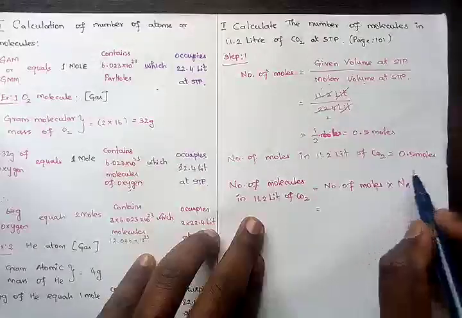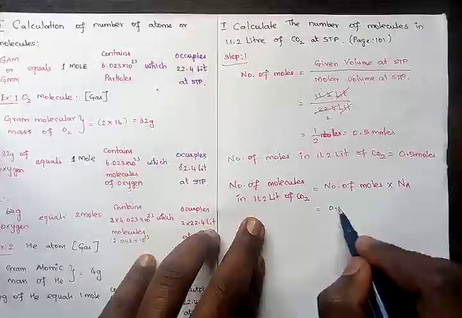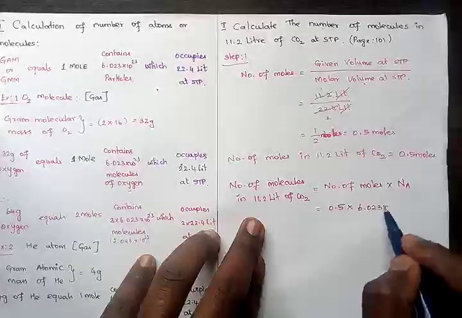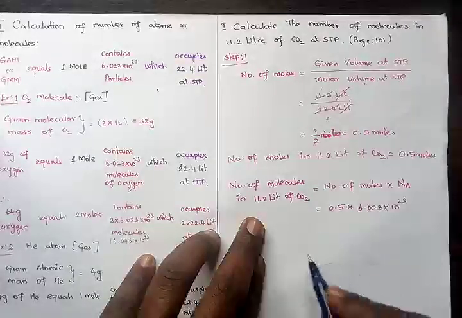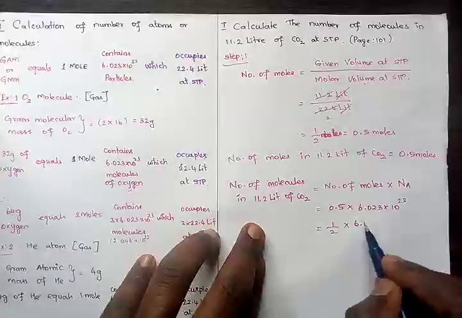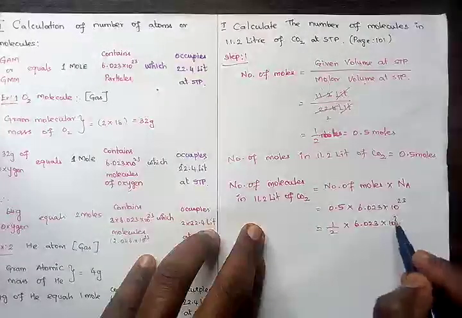So what is the number of moles we have calculated? 0.5 into Avogadro number, which is 6.023 into 10 to the power of 23. So I'm going to change this into 1 by 2 into 6.023 into 10 to the power of 23.